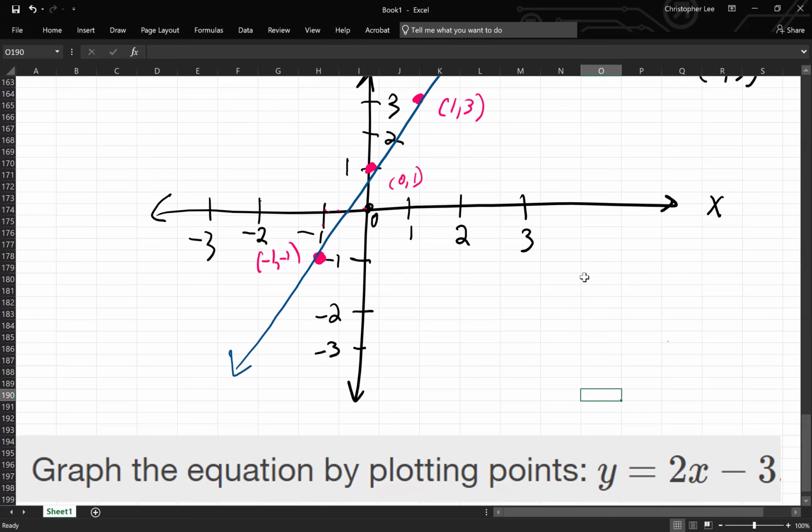I highly recommend you make a table of values. That's how you show your work for doing this, right? I recommend you use my points, but if you want to use other points, that's totally fine as well. My x inputs, that's what I meant, by the way.